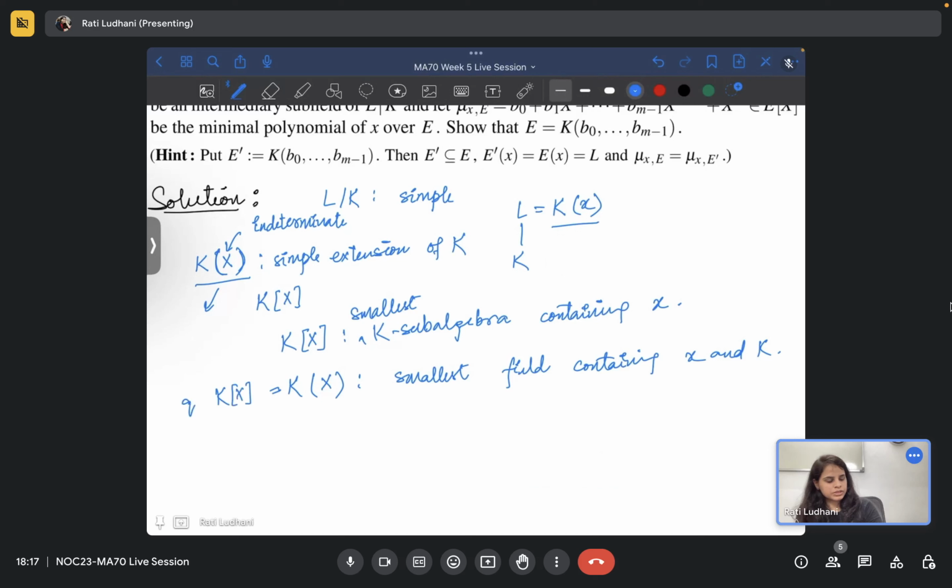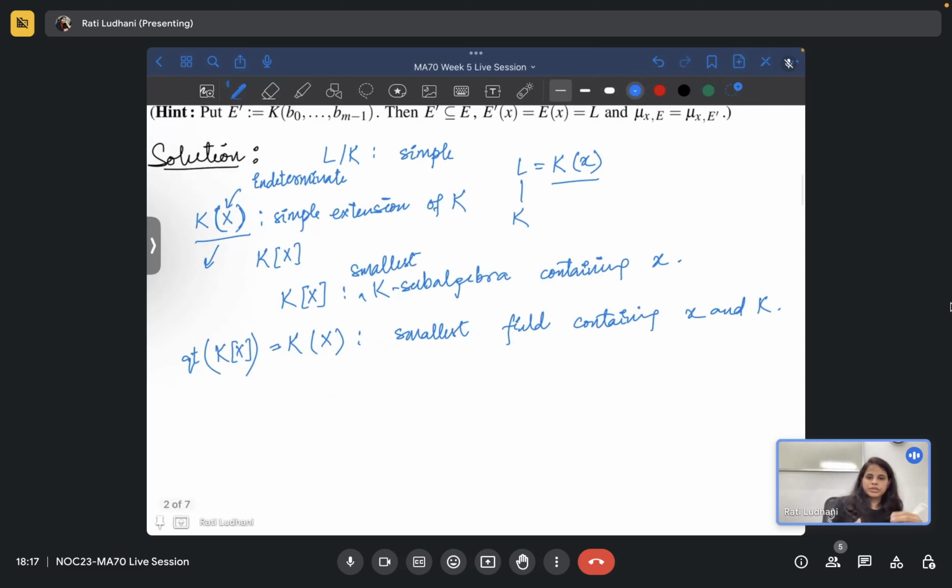So we sometimes write something like that. This means the quotient field of K[x]. So you are allowing inverses.